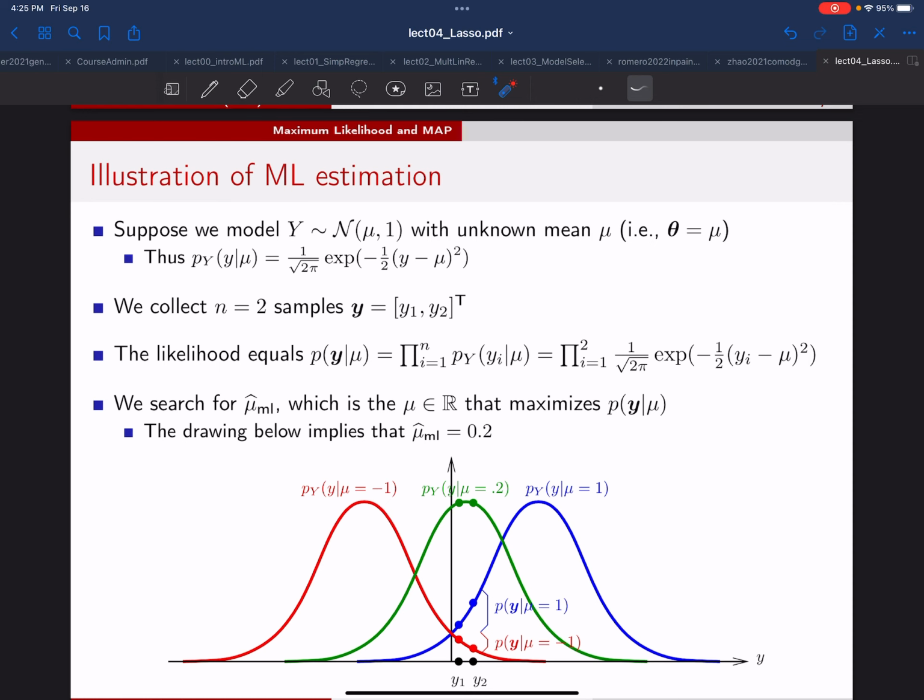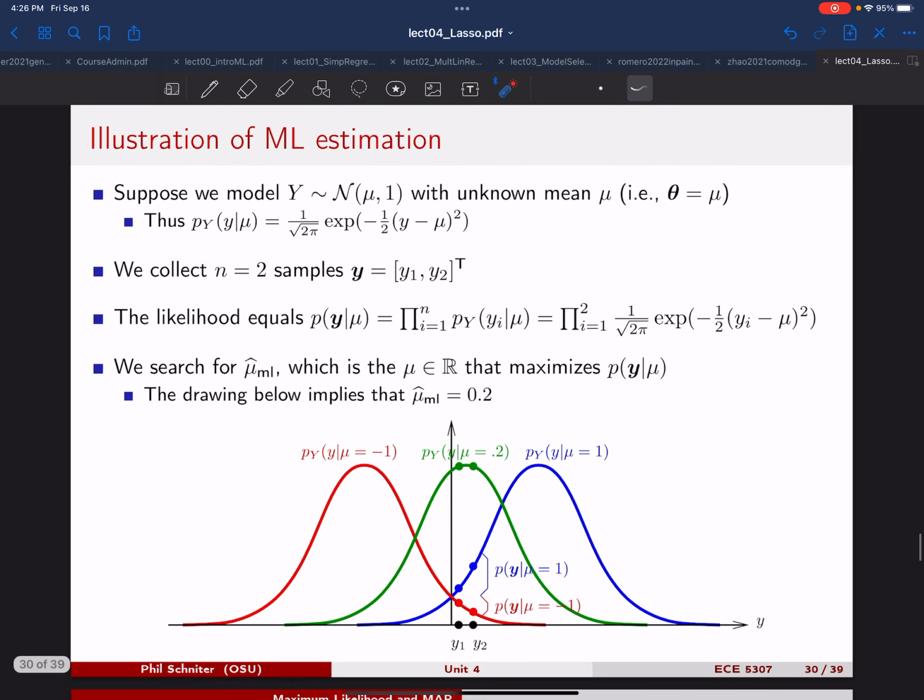So here's an illustration. Imagine that this is the y-axis. Imagine that these two values, y1 and y2, are what I have observed. So my goal is to figure out the mu that best explains those two values. So let's just start by saying, well, what if I hypothesize that mu is -1? What would the likelihood actually be?